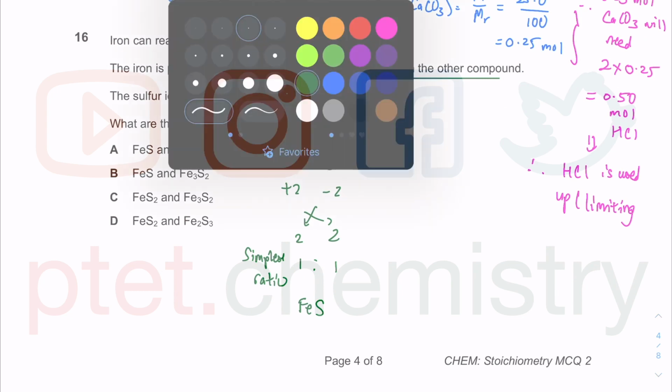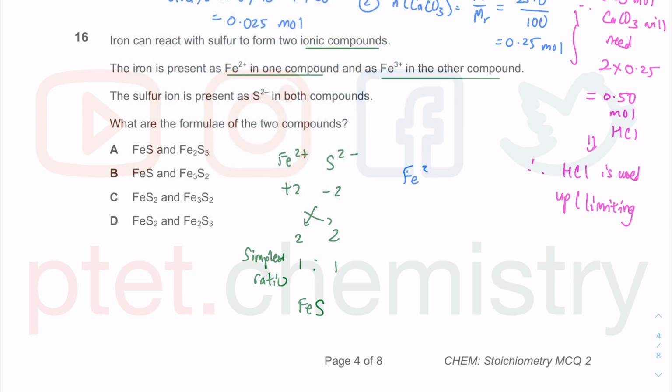On the other hand, if you have Fe3+ and S2-, plus 3 and minus 2, the value of the charge is 3. You never cross multiply the ion, you never cross multiply the charge, you cross multiply the value, because you are doing lowest common multiple, which is primary school mathematics.